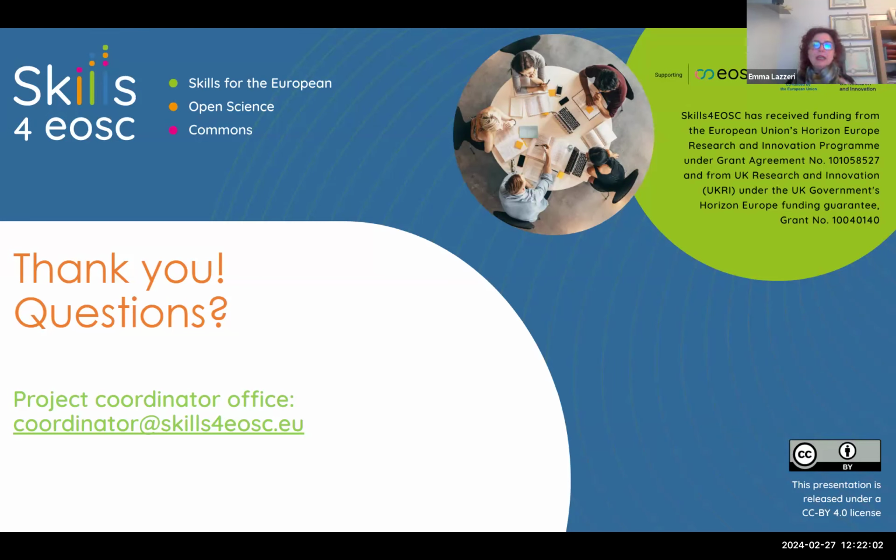But as I was saying, we have the OSCARS project that is a twin project for Skills for EOSC, let's say, because they will develop disciplinary competence centers that serve the science clusters. So they cover macro domains in science, and we are already working very closely with them in order to transfer our knowledge about competence centers and our methodology.